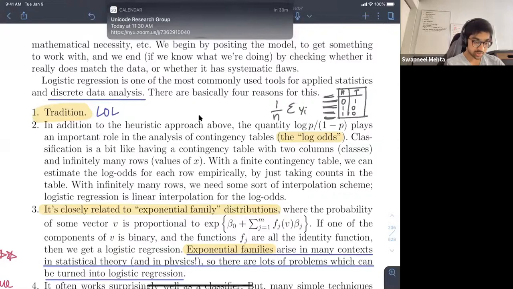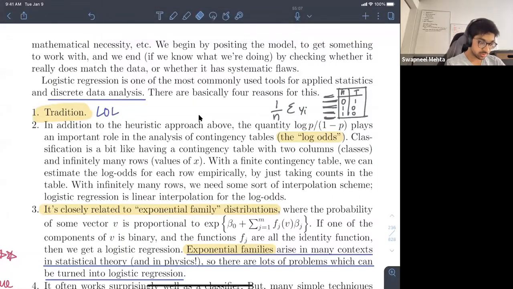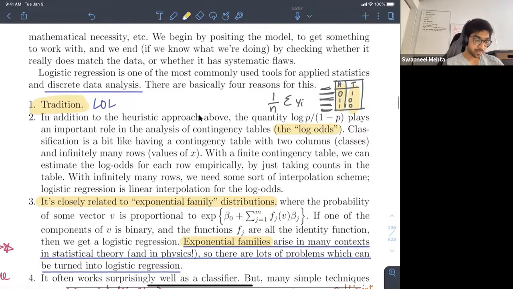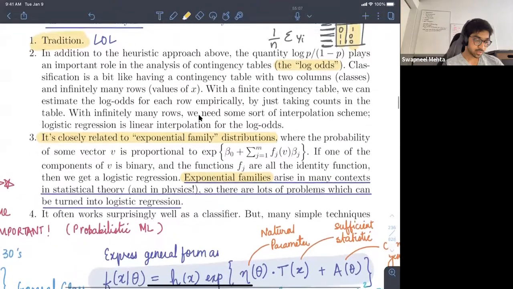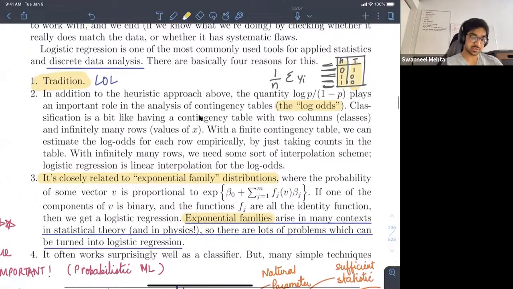Then the log odds are just summing this column and summing this column, and it's easily interpretable. And logistic regression is just this idea of, okay, if I had infinite rows, then how would I obtain this? And so you can get an empirical estimate of these log odds through this table, and it just makes life easier. That's, I guess, what he's saying.